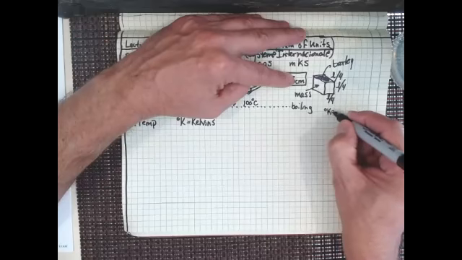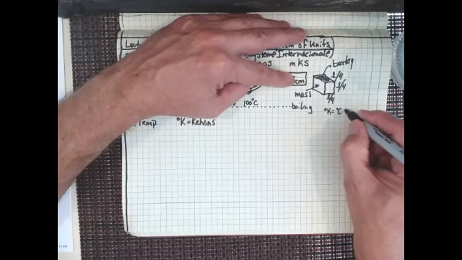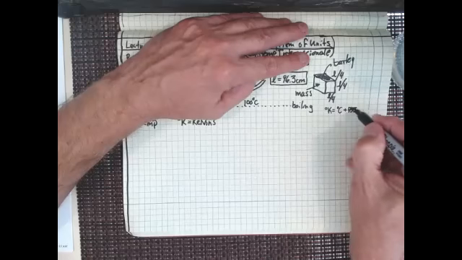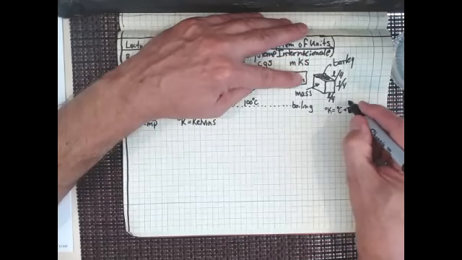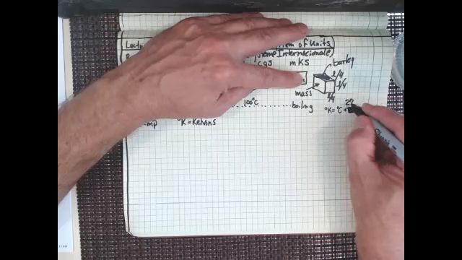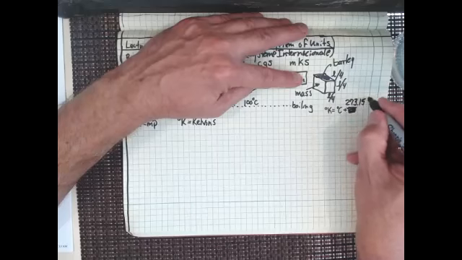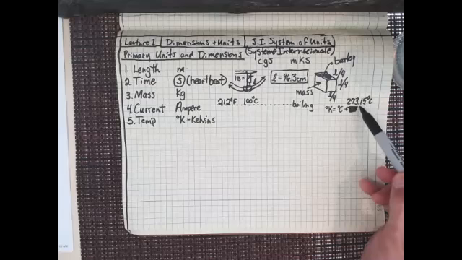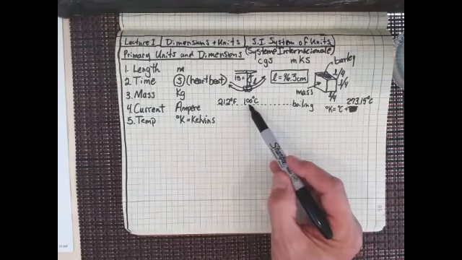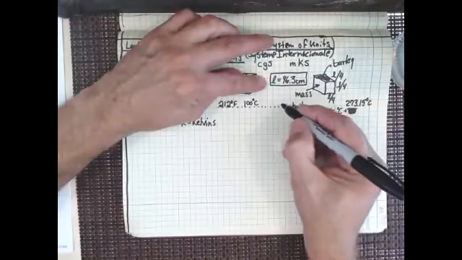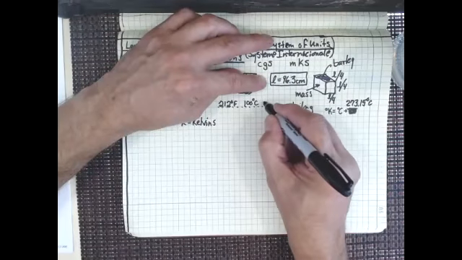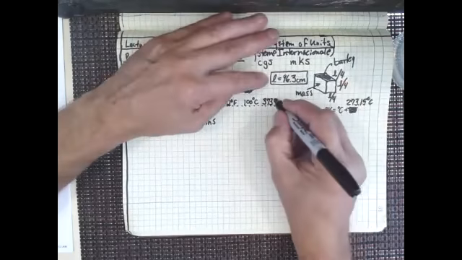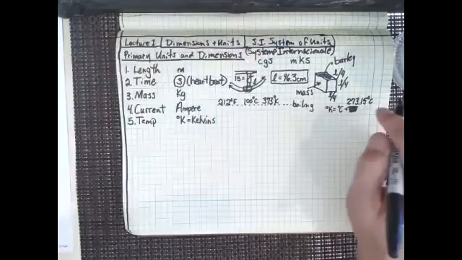Degrees Kelvin equals degrees Celsius plus, I was getting ahead of myself, plus 273.15 degrees, right? So 273.15 degrees plus 100 degrees Celsius gives us 373. I'm not going to put the 15 in there. Degrees Kelvin. All right.